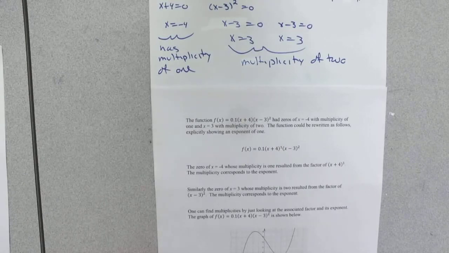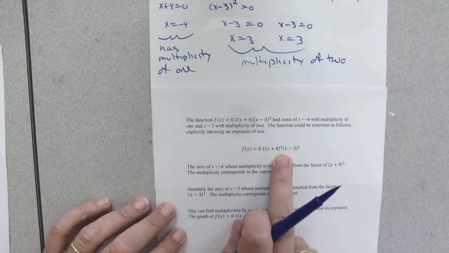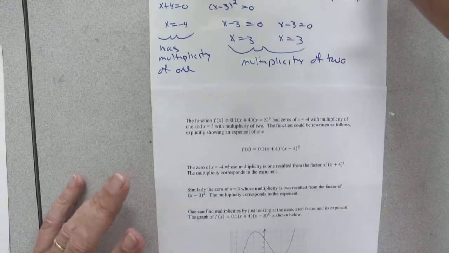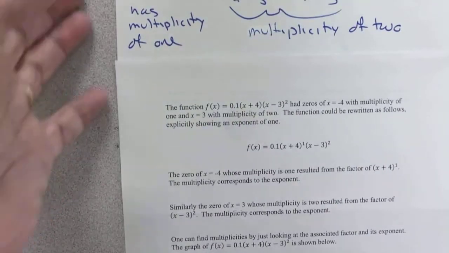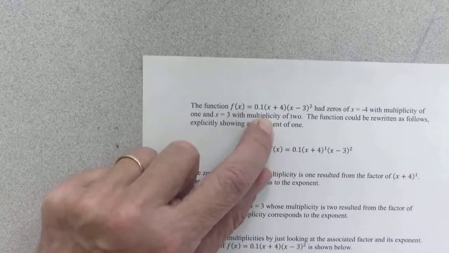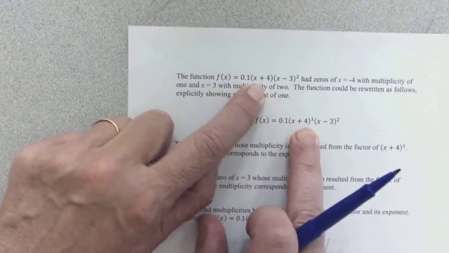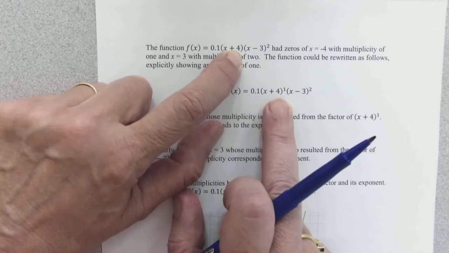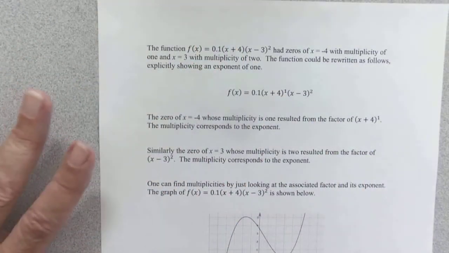The function could be rewritten, and you might say that's the exact same thing, but it's not quite. I made one itty-bitty tiny difference: I put an exponent of 1 in there.